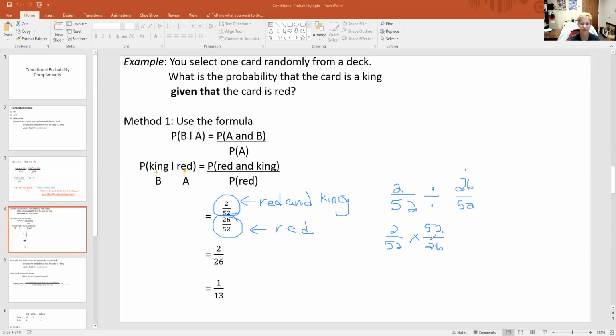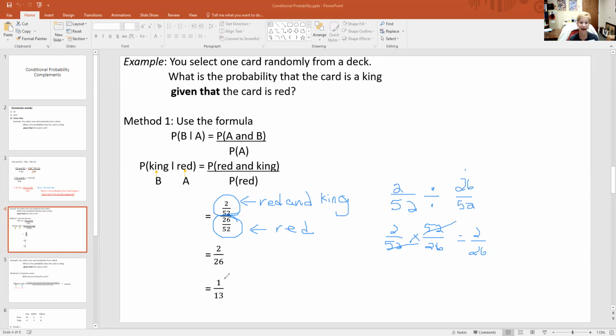Then this 52 is going to divide out with this 52 and leave 2 over 26. So when those denominators match, they end up going away. That's why I get 2 out of 26. But that's not simplified, so I put 1 out of 13.